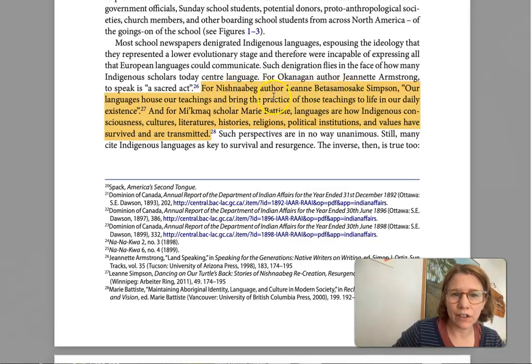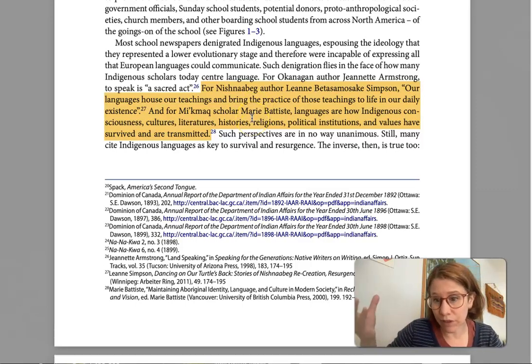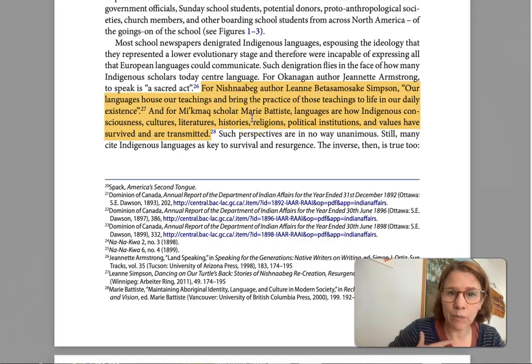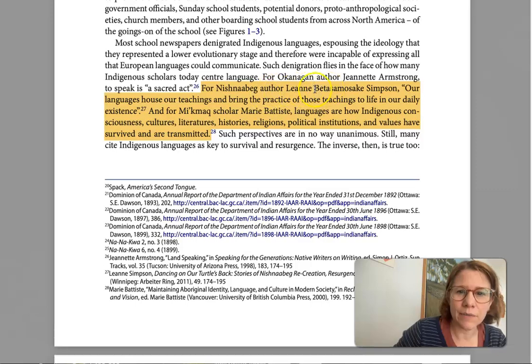she's just noting here how the role of language in Indigenous culture is very important, and as some Indigenous scholars have noted, so Leanne Betasamosake Simpson says our languages house our teachings and bring the practice of those teachings to life in our daily existence.